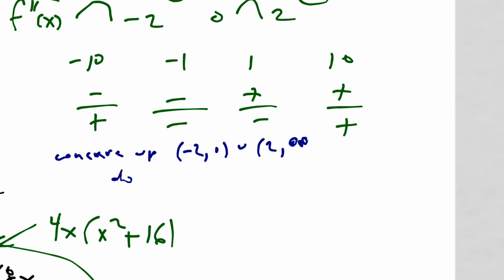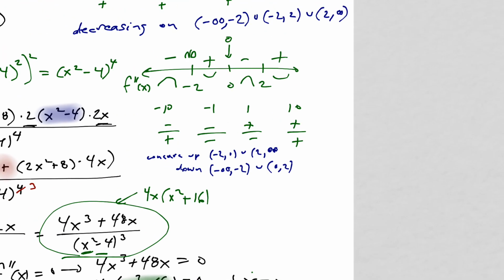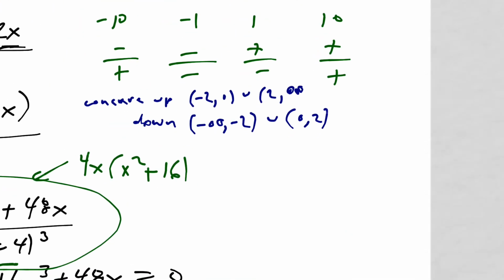And it's concave down on the interval -infinity to -2 and 0 to 2. Because the second derivative is undefined at 2 and -2, those 2 points are not inflection points, but it is defined at 0, and so there is an inflection point at 0, 0.